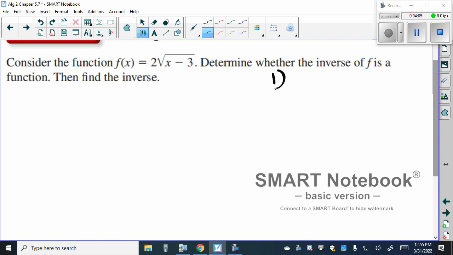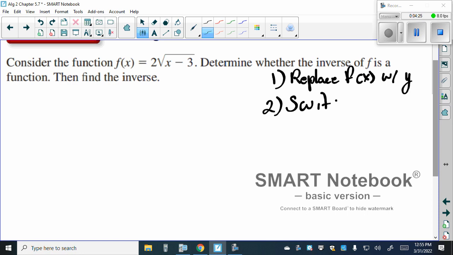I'm going to rewrite the steps out, but we did have these steps yesterday. Now, the first main step is that we're going to replace or rewrite f of x with y. Our second step is to switch x and y.